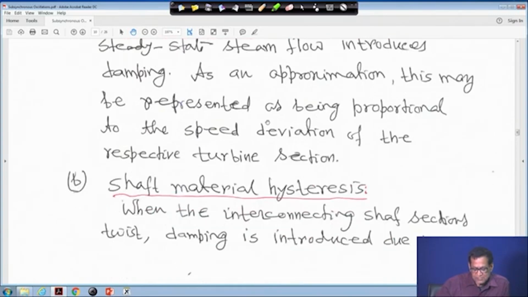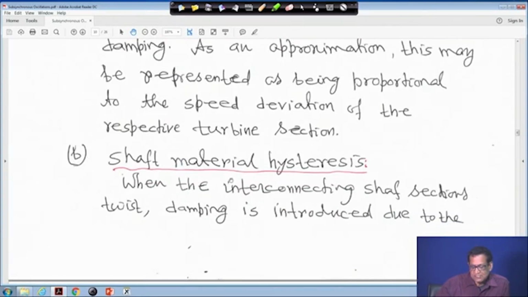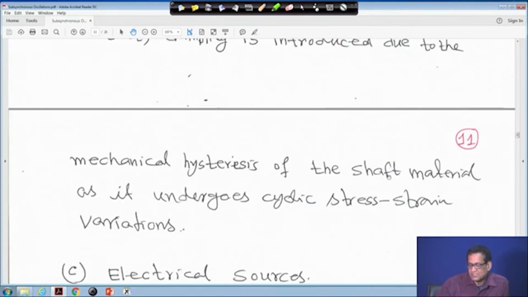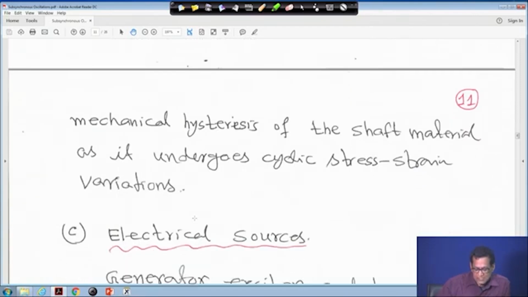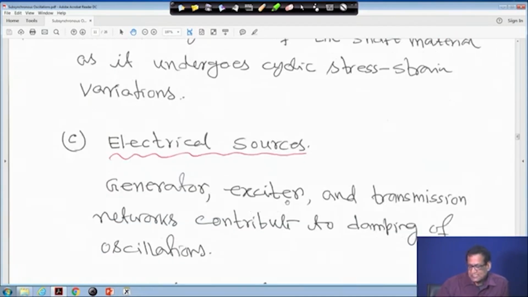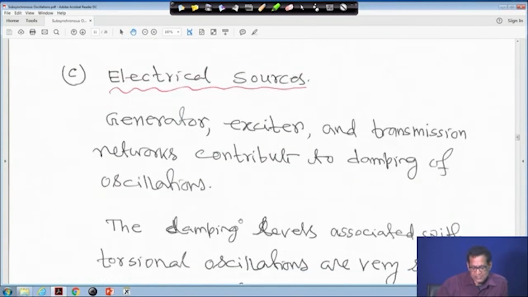Now the second one, B, is shaft material hysteresis. When the interconnecting shaft sections twist, damping is introduced due to the mechanical hysteresis of the shaft material as it undergoes cyclic stress strain variations. Then number 3 is the electrical sources: the generator, exciter and transmission network contribute to damping of oscillations.